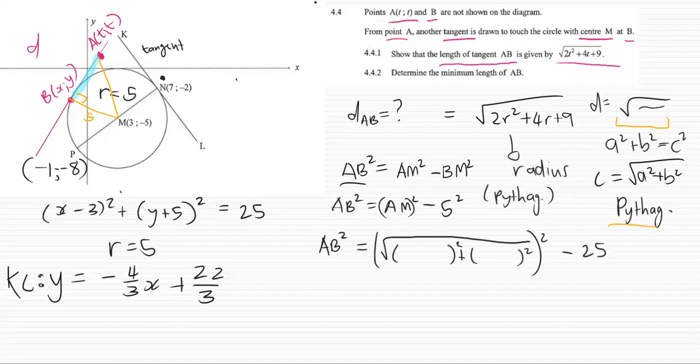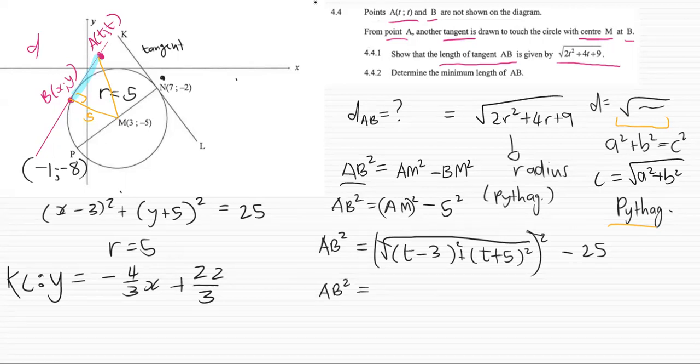If we look at the distance from A to M, A is T, T, so both our x's and our y's are going to start with t. And our M gives t minus 3 for x minus x, and t minus minus 5, which is plus 5. Let me quickly clean this up a little bit. The square root squared cancels out.